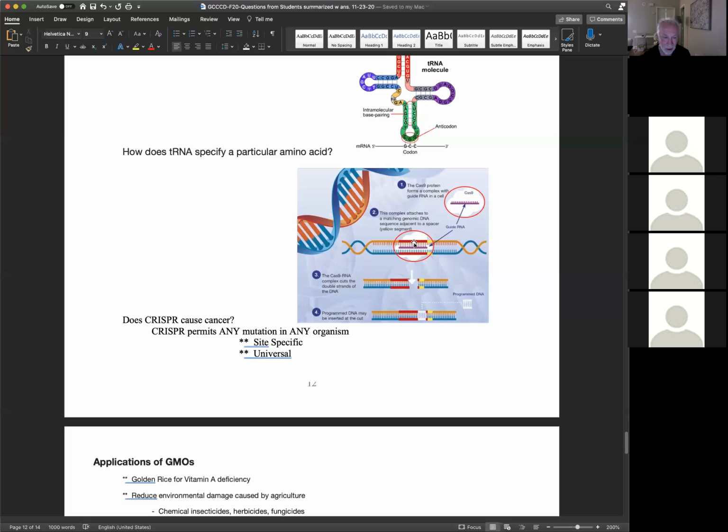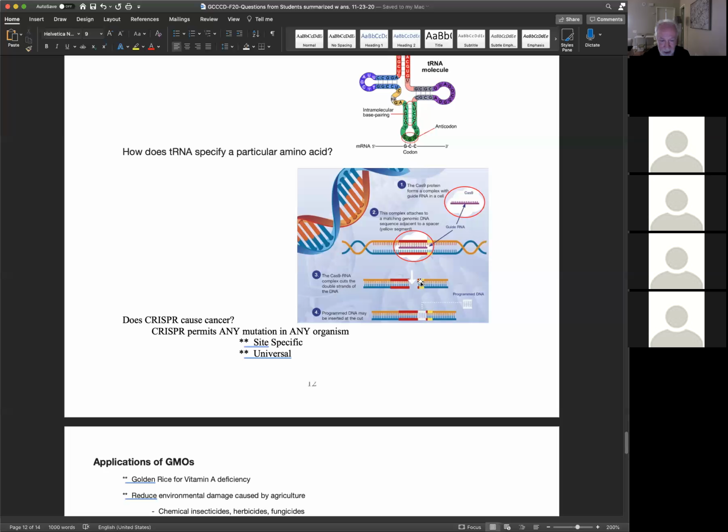So it won't go anywhere else. It can only bind to this target site that you've indicated. Once that guide RNA identifies the site that you want mutated, then this enzyme, Cas9, makes a double strand cut at that point. So that is a mutation, and it's very site specific.